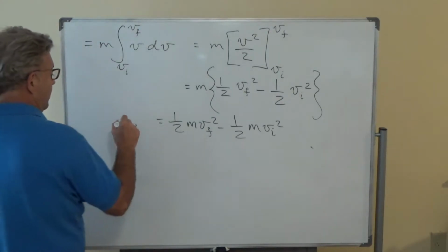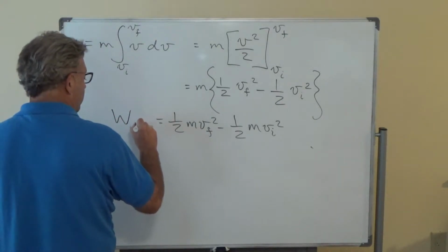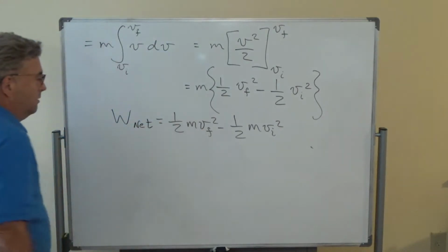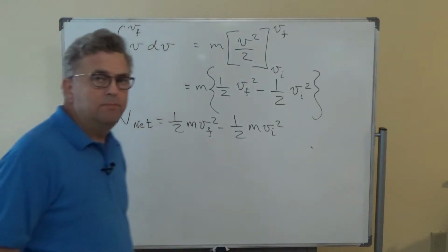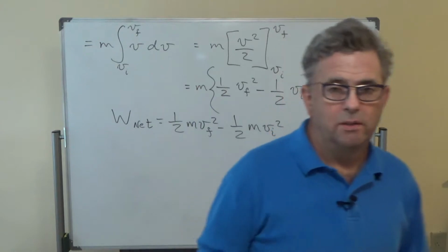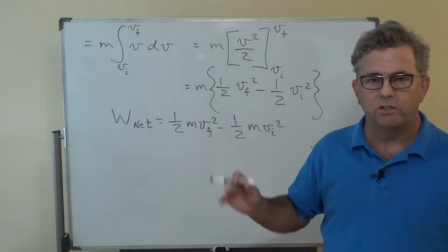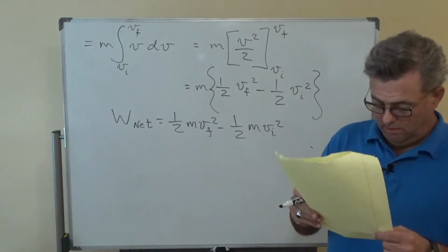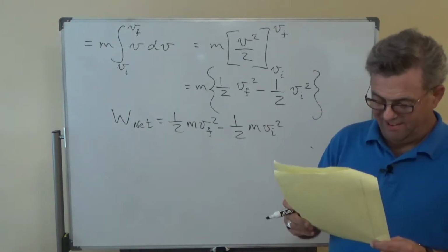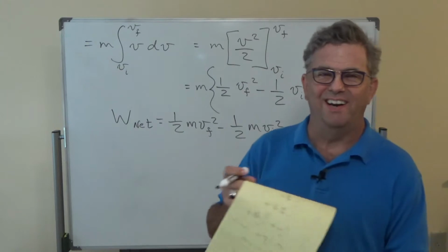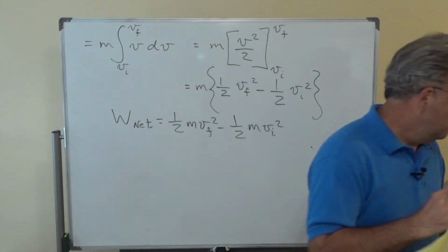Remember, that is the net work done on a system. One dimension. Works in 3 dimensions, it works in 5 dimensions. Well, okay, we'll just stick to 3. All right.